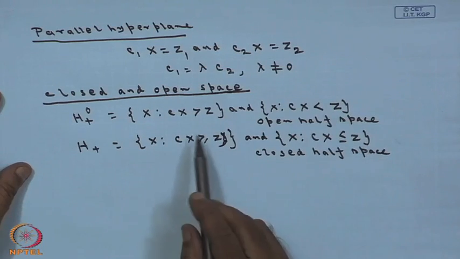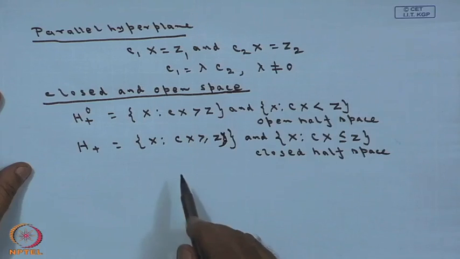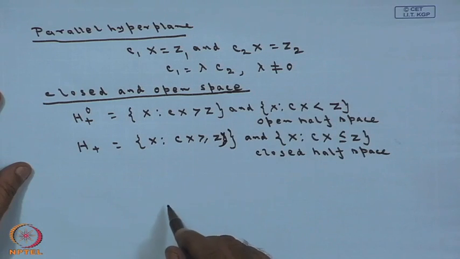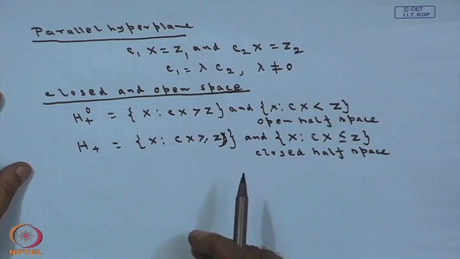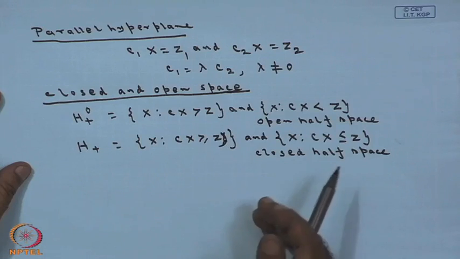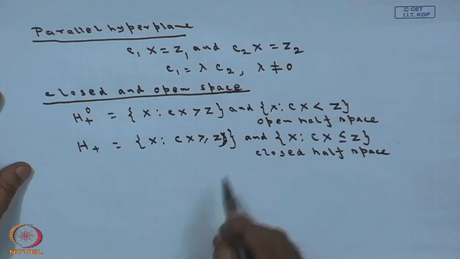So, basically this relates, if you understand in terms of LPP, to constraints of the form Ax greater than or equal to b. The closed half space and open half space basically relate to the constraints.